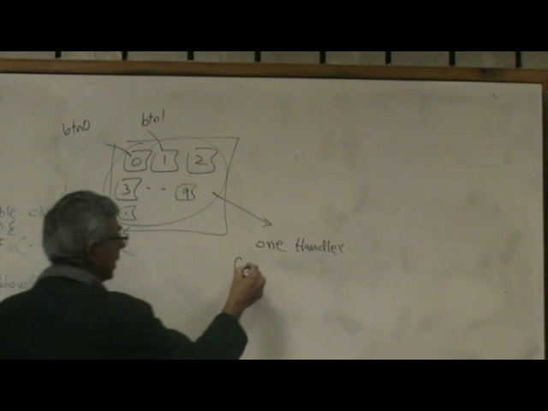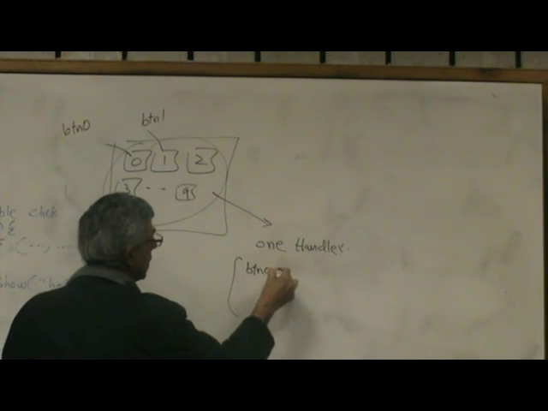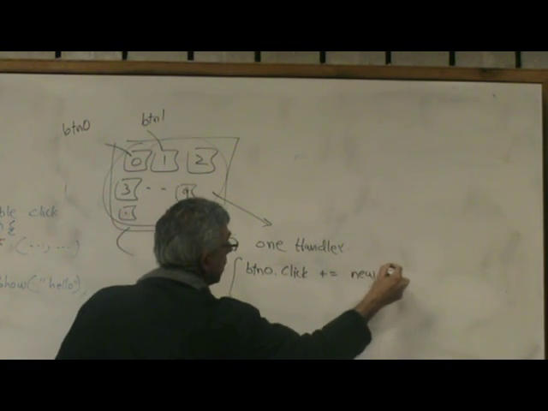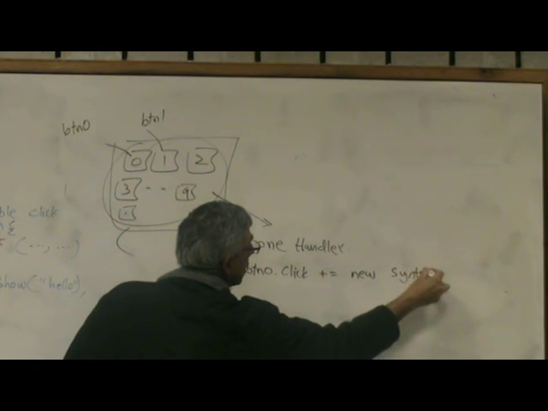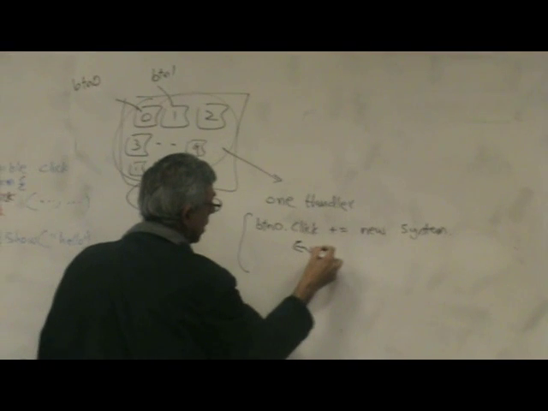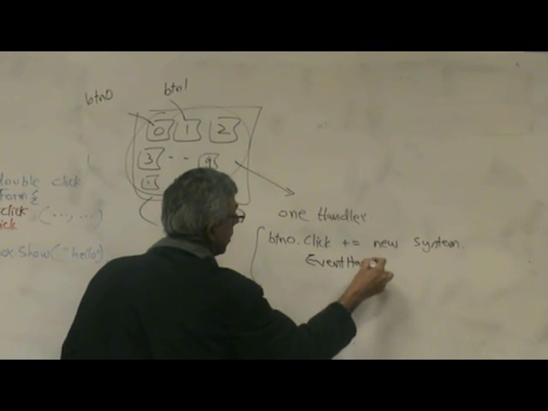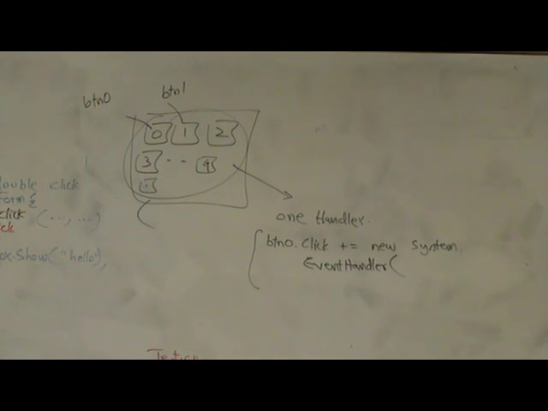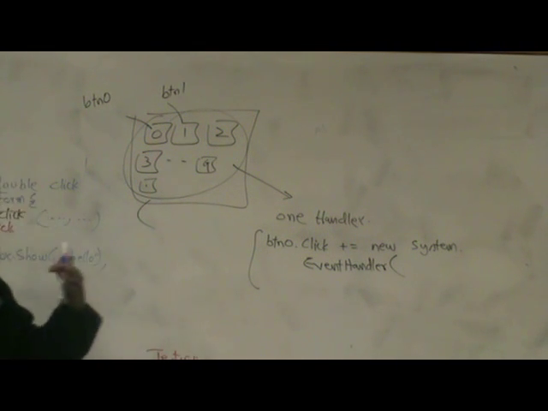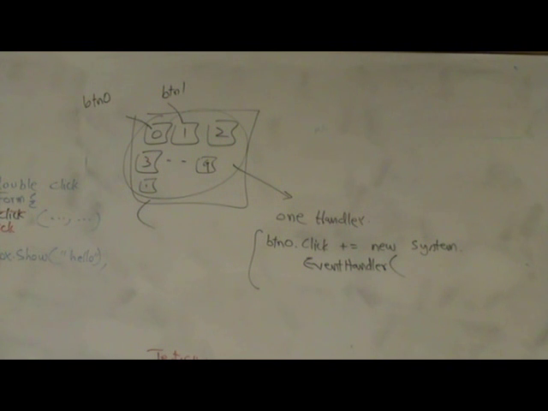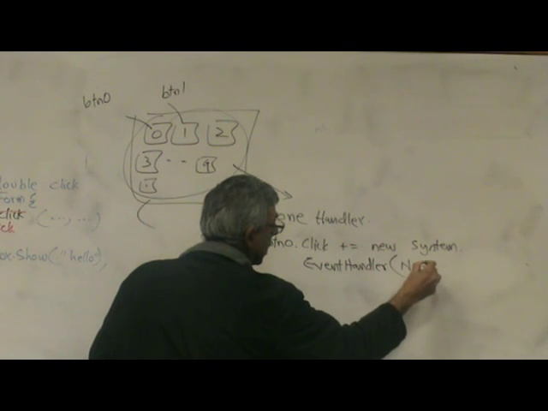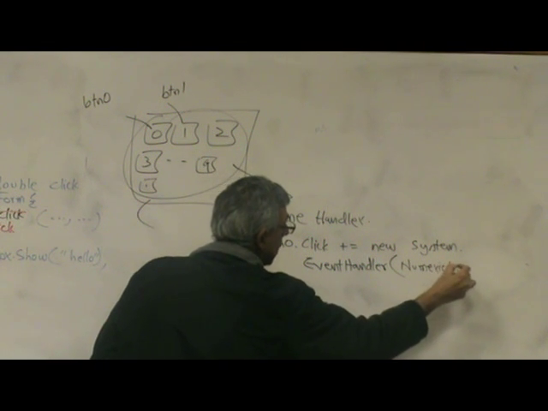It will be something like this: btn0.click plus equal to new System.EventHandler, right? And in the constructor, what will we do? Remember, EventHandler is the delegate, so we have to point to a function. Suppose we call it numeric key handler.